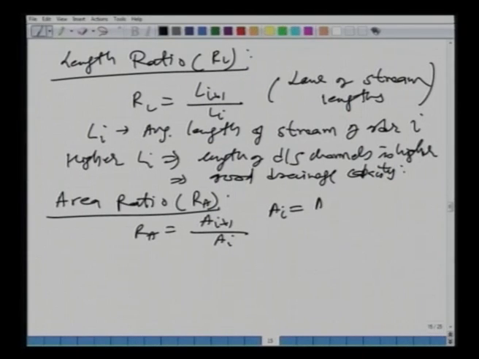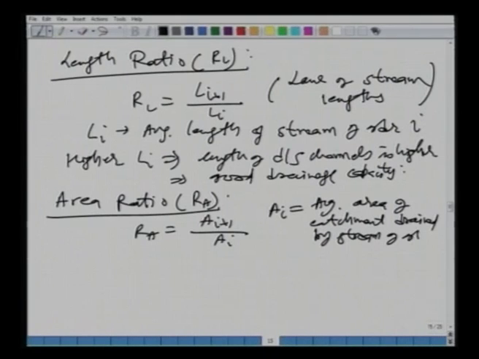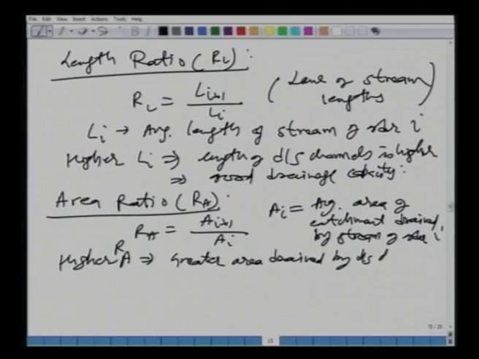Well, it is the average area of catchment drained by stream of order I. When you compare the two catchments, one with higher RA or the area ratio, that would mean greater area drained by the downstream channels as compared to the earlier one.